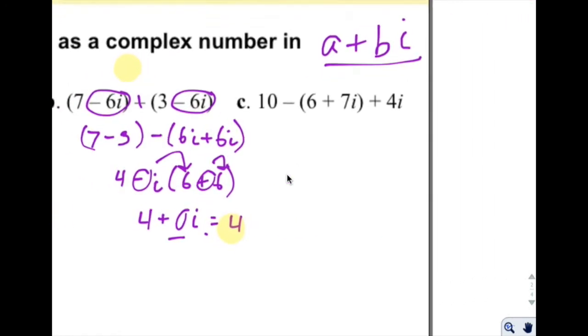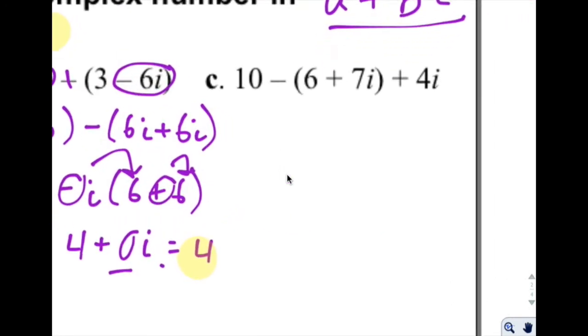Last one, letter C. This is a little trickier just because of the signs. So I want to make sure that I'm paying attention. I have 10 minus 6 plus negative 7i plus 4i.